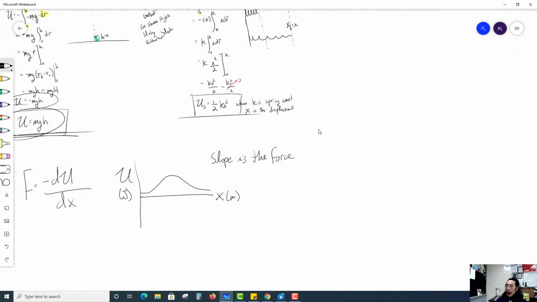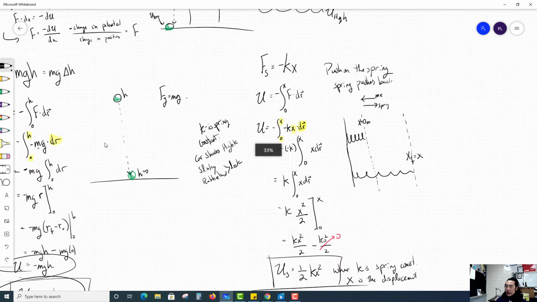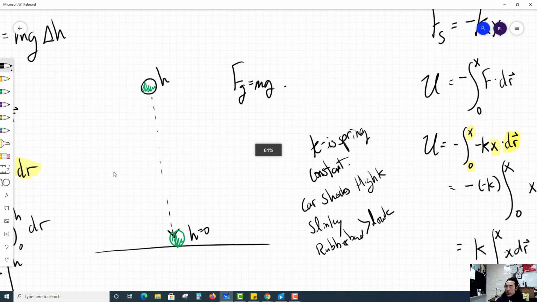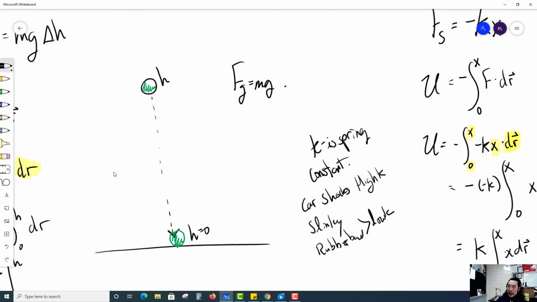And if we were to go back to the dropping object, right? If we were to link this with F is equal to negative dU dx, we can say that as this object is falling, its potential energy is changing. Now let's remind ourselves, gravitational potential energy is mgh. Right? So as the height is decreasing, as your height is approaching 0, you're losing potential energy. So that means your dU is getting smaller, right?